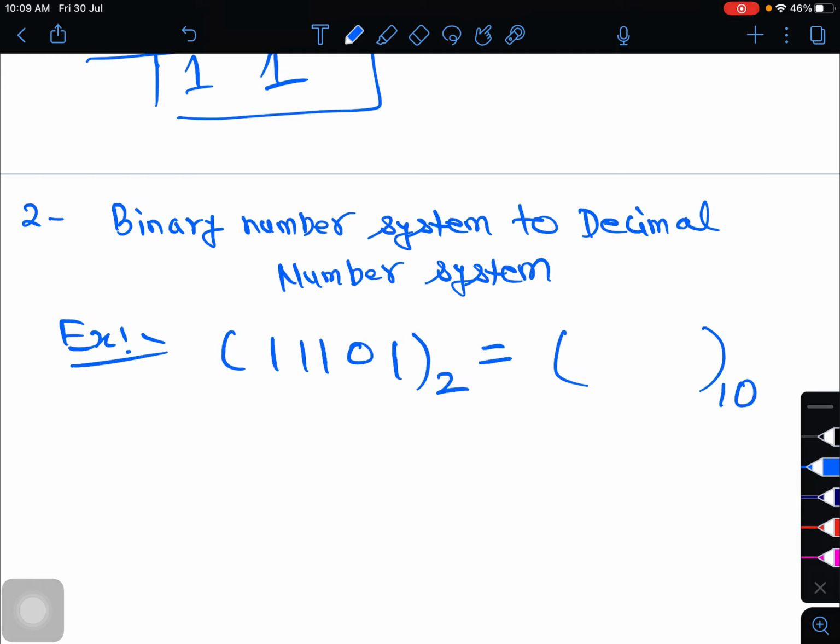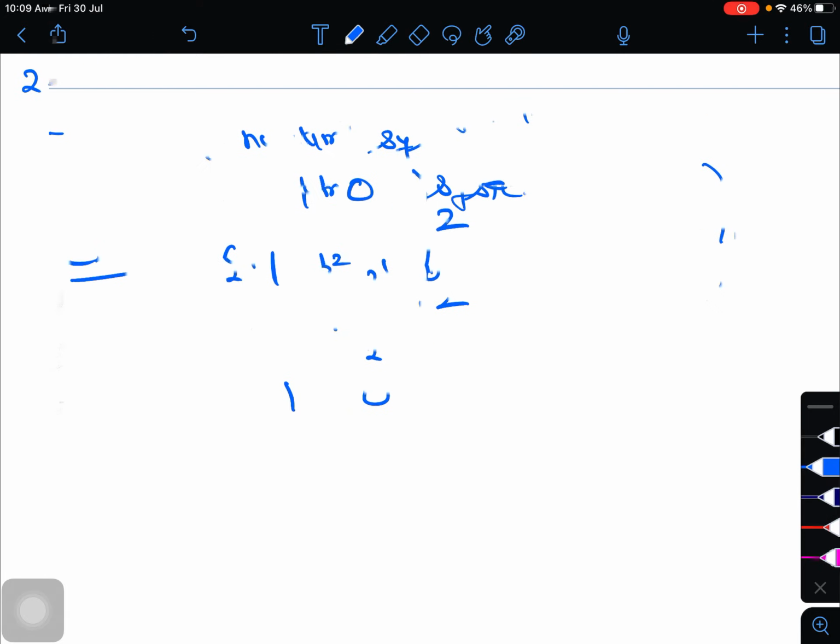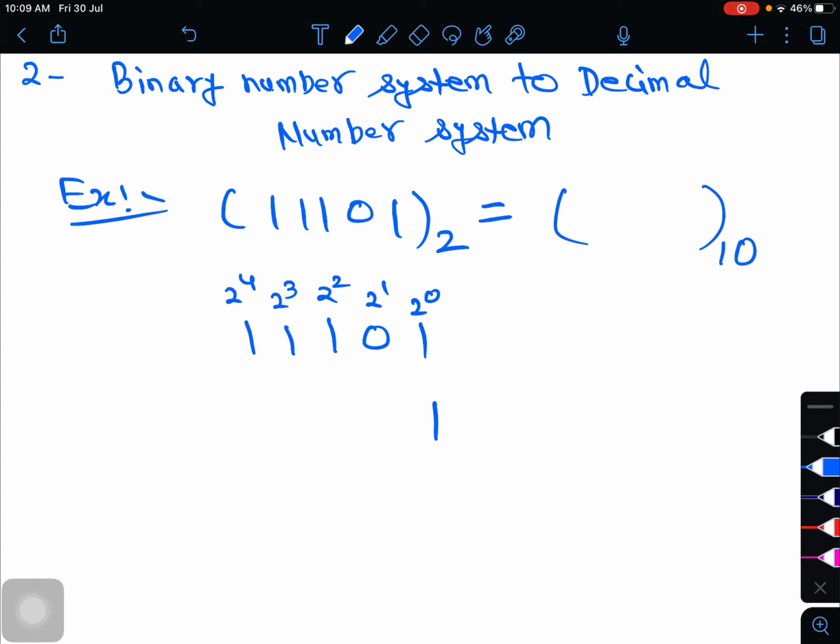Write the numbers 1 1 1 0 1 and below them write to the power 0, to the power 1, to the power 2, to the power 3, to the power 4. Okay, when you do the practice then there is no need to write like this.